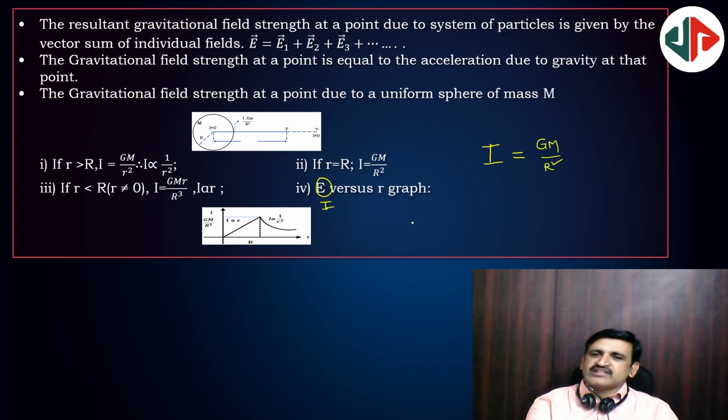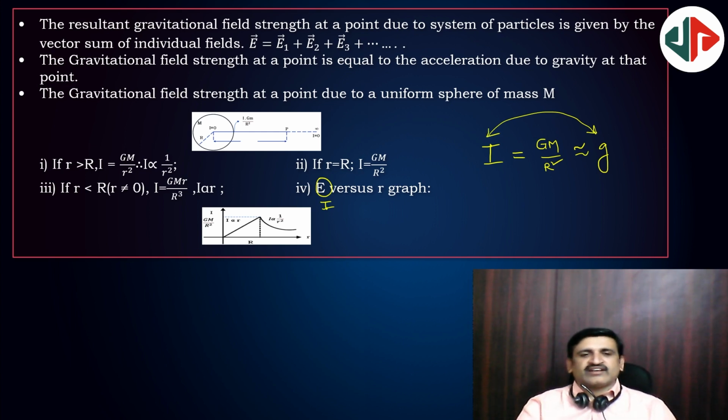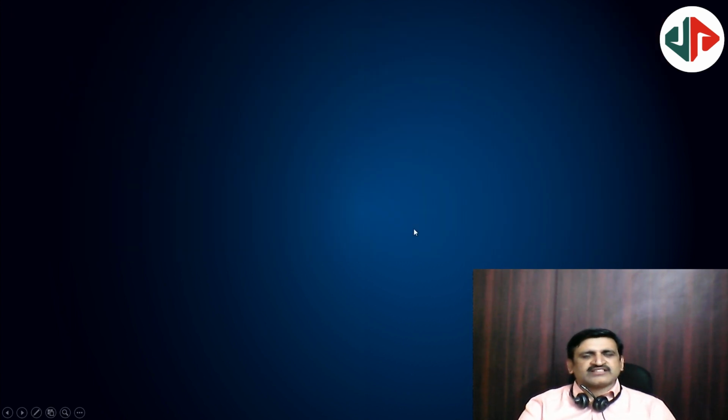Very similar to acceleration due to gravity. So acceleration due to gravity is analogous, means similar, to gravitational field intensity. Gravitational field intensity and acceleration due to gravity at one point are same, no doubt. Next. So only this graph, no need to prepare another graph. All the formulae are similar and same. Done. Next.